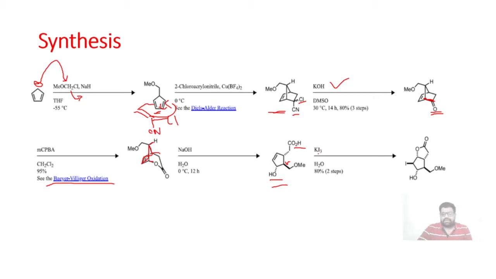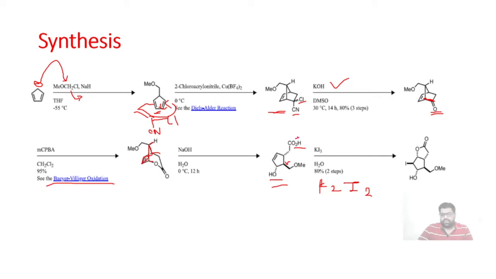Friends, then the next reaction is with potassium triiodide. This is KI3, but when it is dissolved in water, we get KI and I2. So this is again a very famous and easy reaction we studied in our MSc 1 syllabus. This is iodolactonization. How is this reaction carried out?